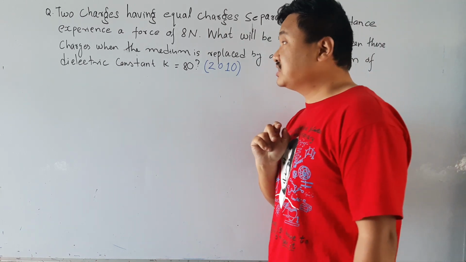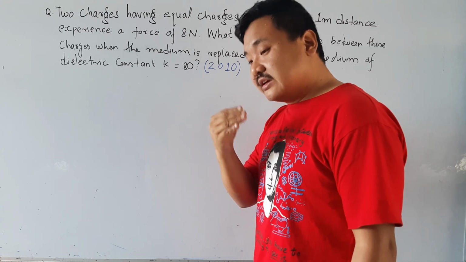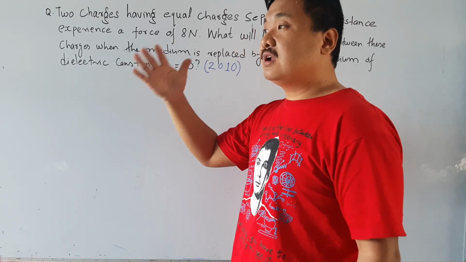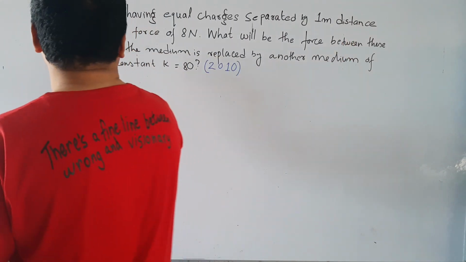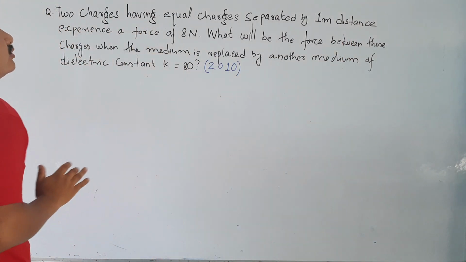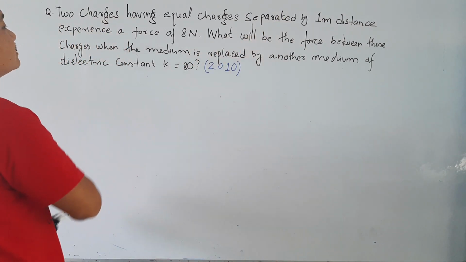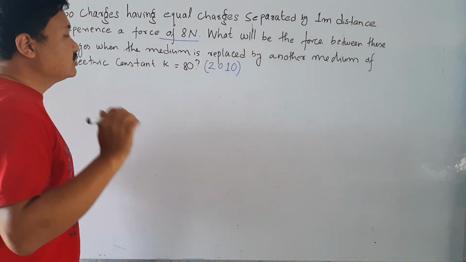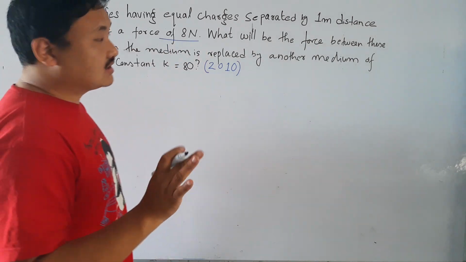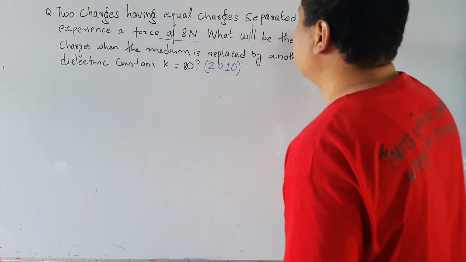So there are two charges. Okay. And also remember, the solution, the hint for the solution, is all given in the question only. So the two charges having equal charges separated by 1 meter distance experience a force of 8 Newton. So there are two charges, and both are equal in magnitude, separated by 1 meter.